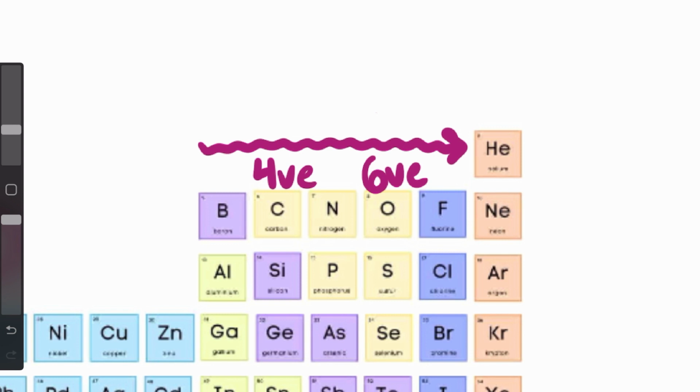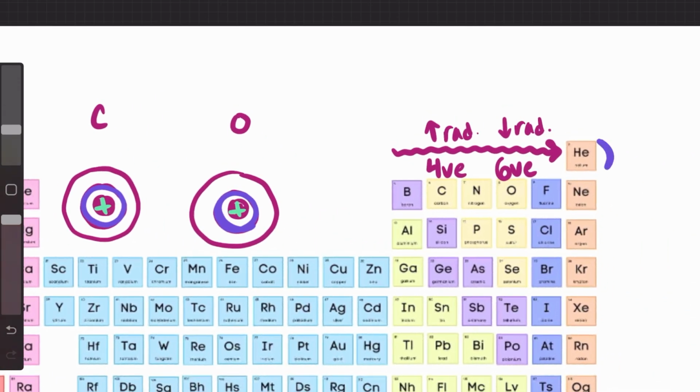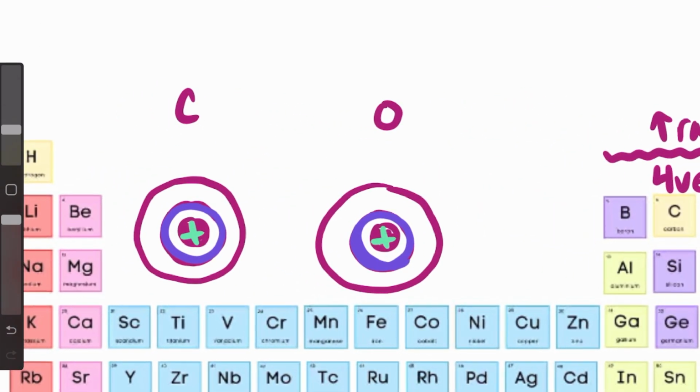Carbon here is going to be a larger size compared to the oxygen being a smaller size in the atomic radius, because there's the same barrier of this inner shell between the electrons and the protons.